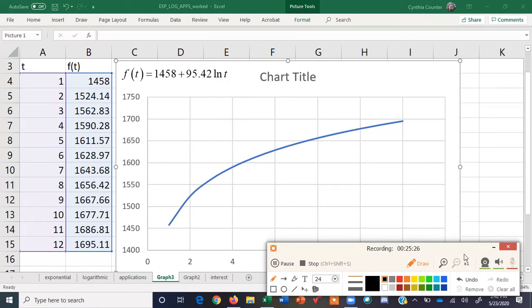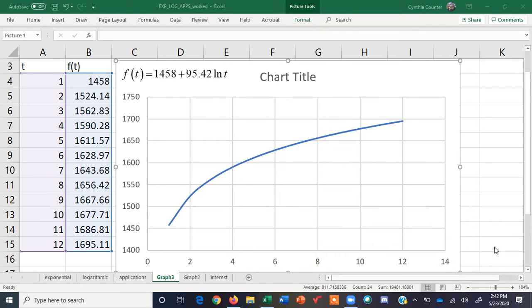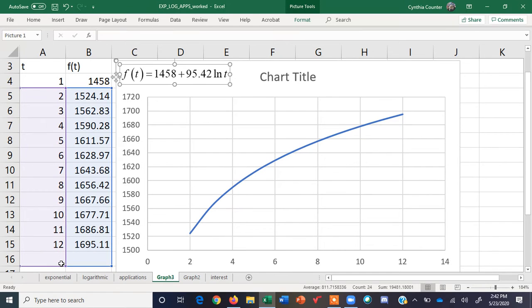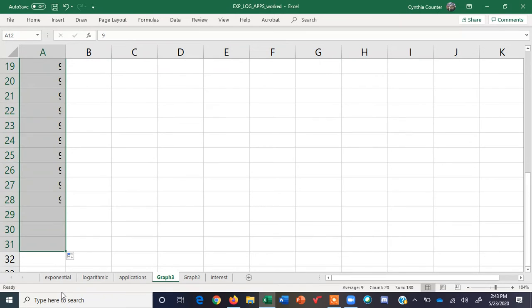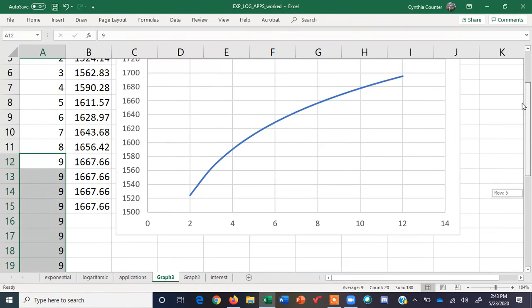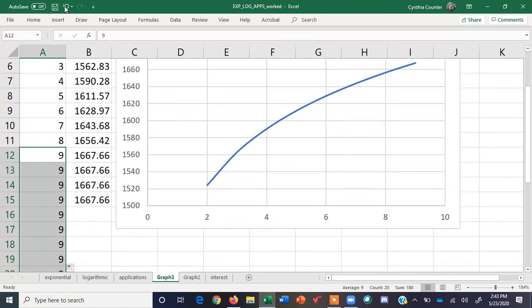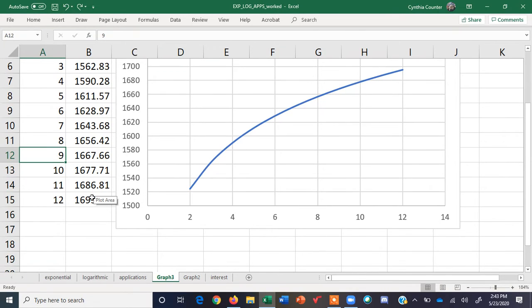Let's see what happens if we add some more values to this. So let's see if it will let us bring this down. Well, first I need to have numbers in there, don't I? So let's go ahead and continue this pattern. Whoops, did not work. 10, 11, 12.